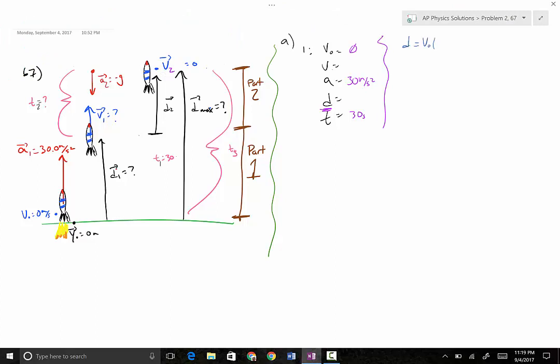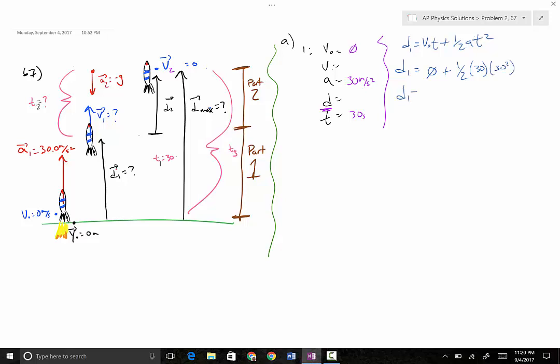In order to find my displacement, I'll probably use this one: D equals V naught T plus 1/2 A T squared. So my first displacement, the first term is just 0 because it starts at rest, plus 1/2 times the acceleration, 30 meters per second squared, times the time, 30 seconds, squared.